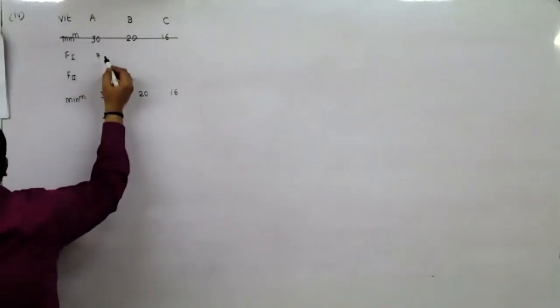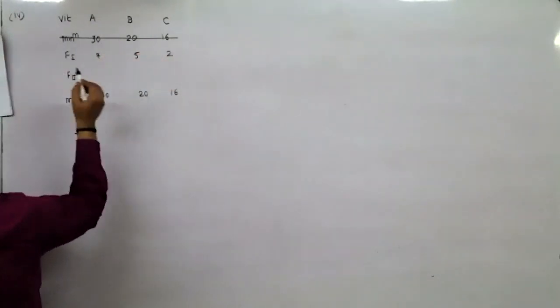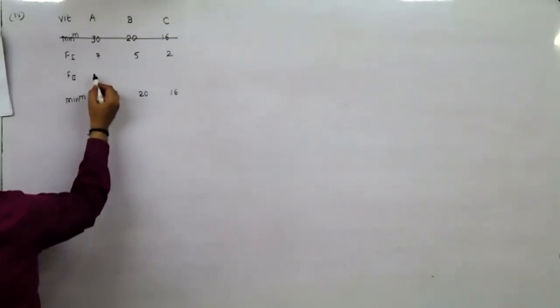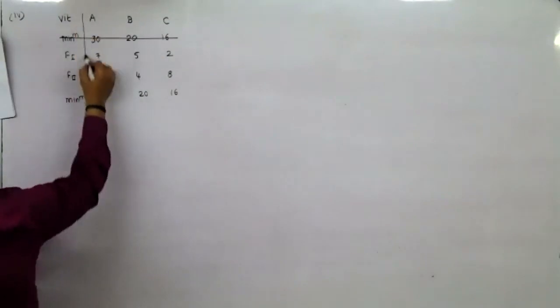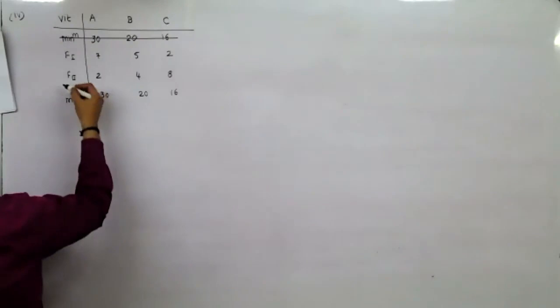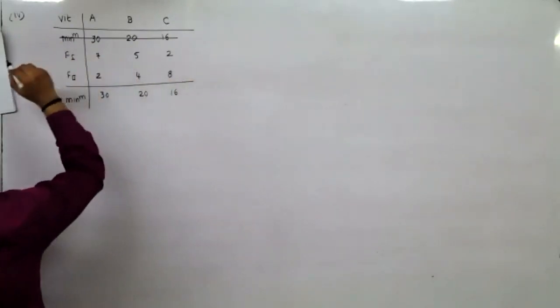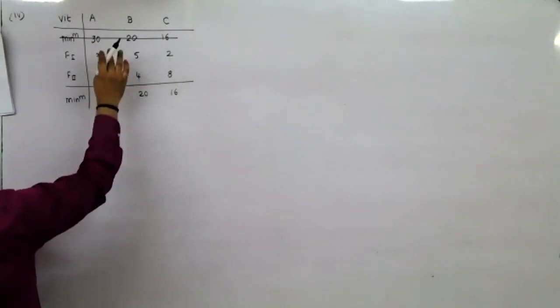Now, food 1 provides her with 7, 5, and 2 units of vitamin A, B, and C. And food 2 provides her with 2, 4, and 8 units of vitamin A, B, and C. Now, here you need to find the number of grams of F1 and F2 that should be bought to keep a food bill minimum.